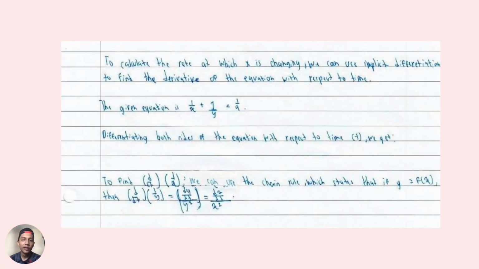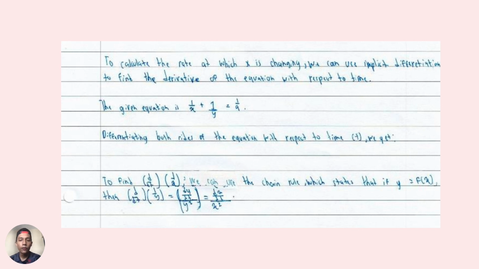Today I want to explain about application of differentiation. To calculate the rate at which x is changing, we can use implicit differentiation to find the derivative of the equation with respect to time. The given equation is 1 over x plus 1 over y equals 1 over 9.